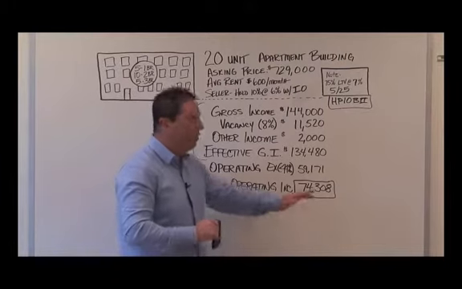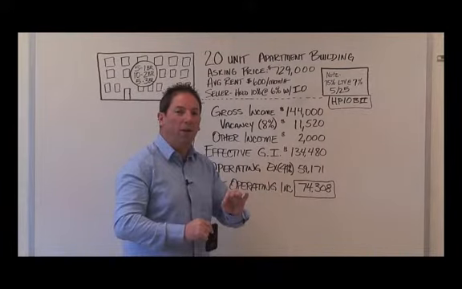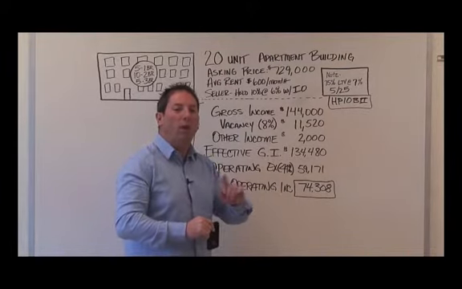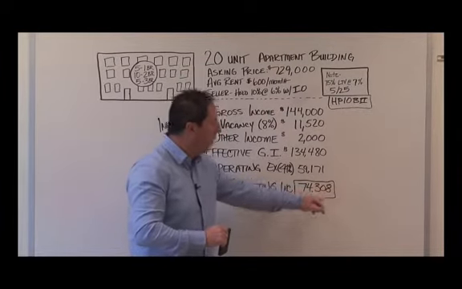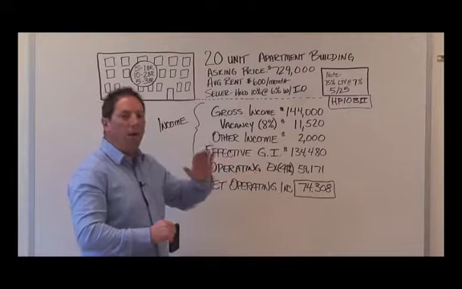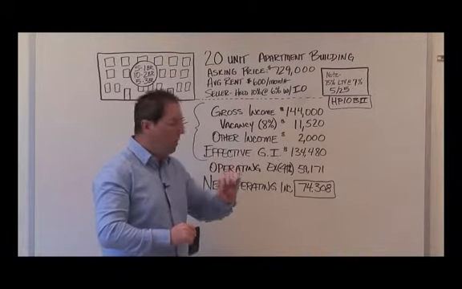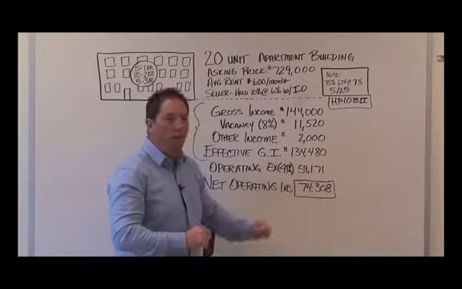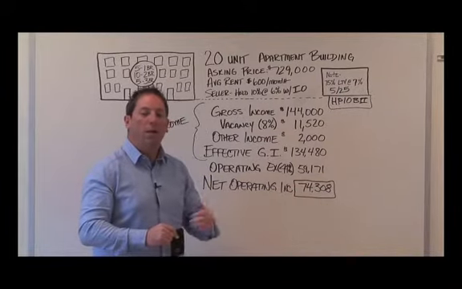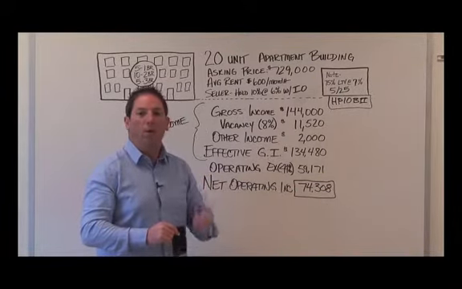But for now, this is just a quick shortcut method to see whether or not this might be a good deal. So if I add a 0 here, by doing that, then I'm telling myself, okay, if I buy this property for $743,000, then I'd be buying at a 10 cap, and that might be a good deal.